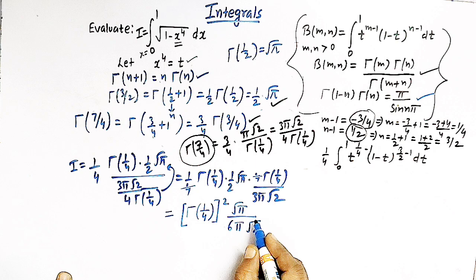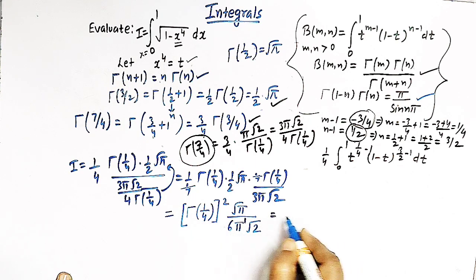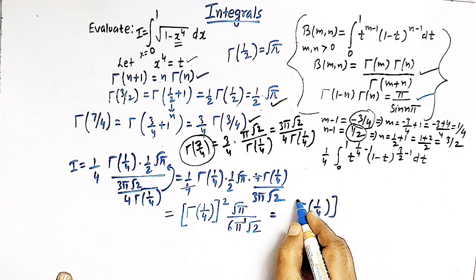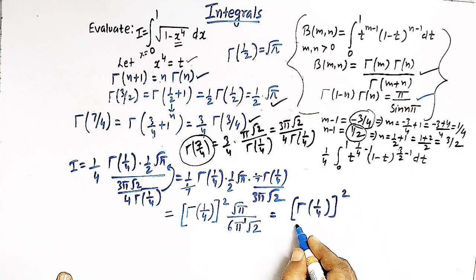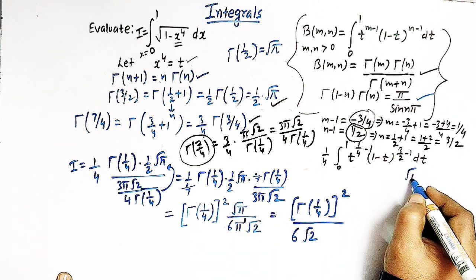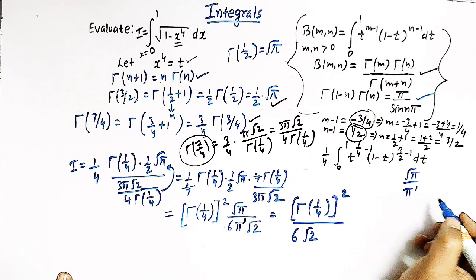So now see, here we have pi raised to 1, right? And we can now write gamma 1 over 4 square, and then we have 6 root 2, and here we have root pi over pi, right?